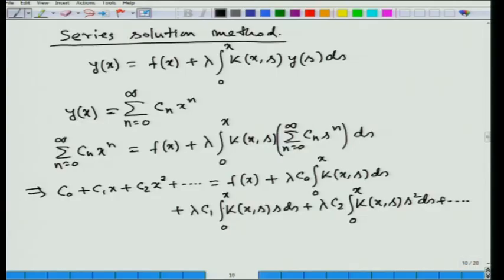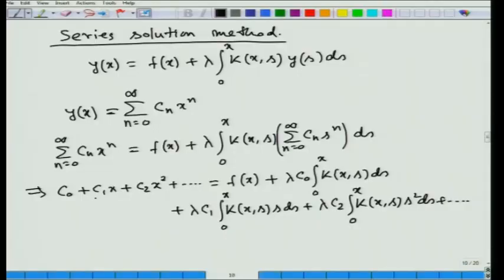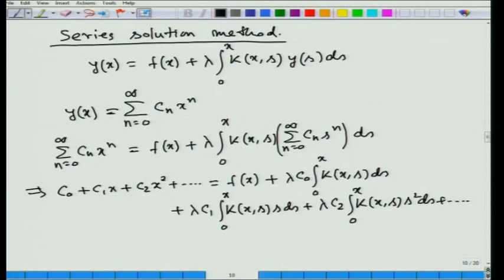After expressing f(x) in terms of its Taylor series, we get this expression which is valid for all x. Then collecting the coefficients of equal powers of x, we find a system of equations, and solving that system, once we find C0, C1, C2 and so on, we have the solution for the given integral equation.